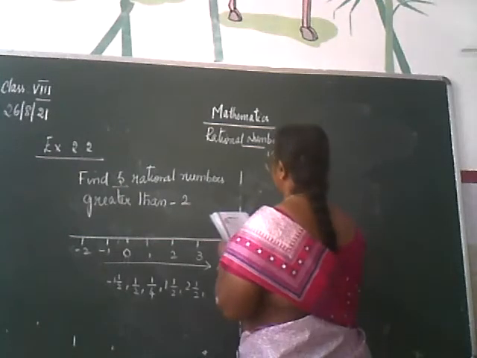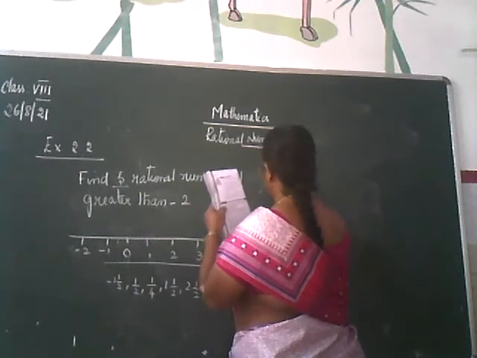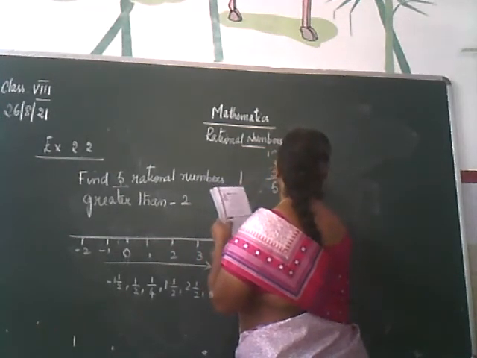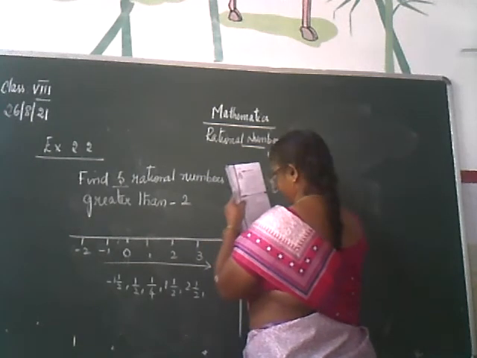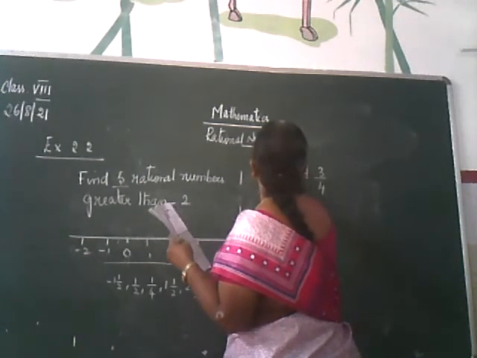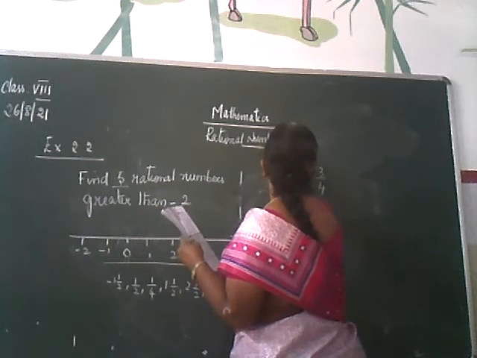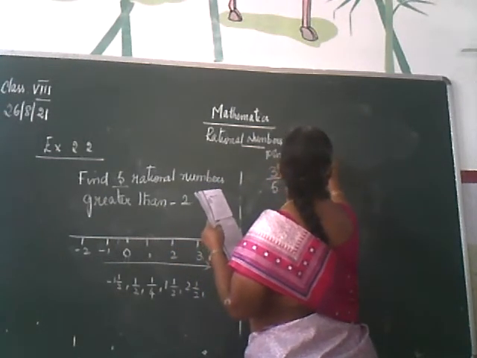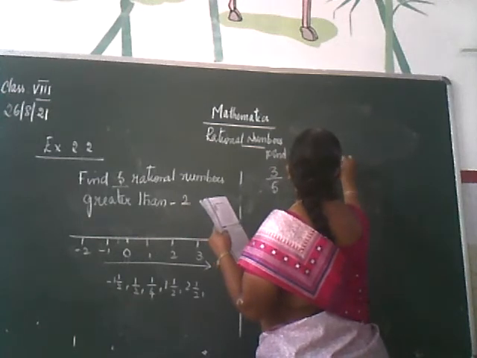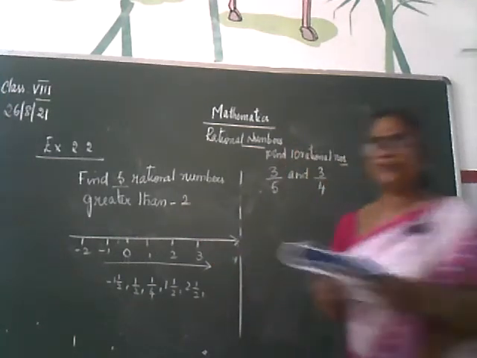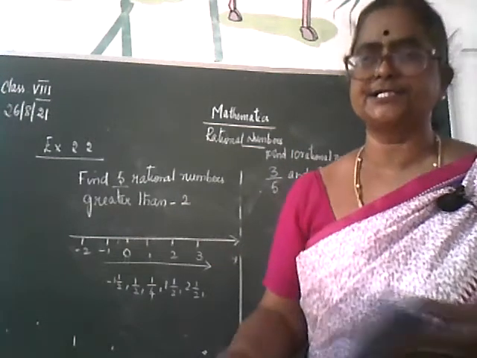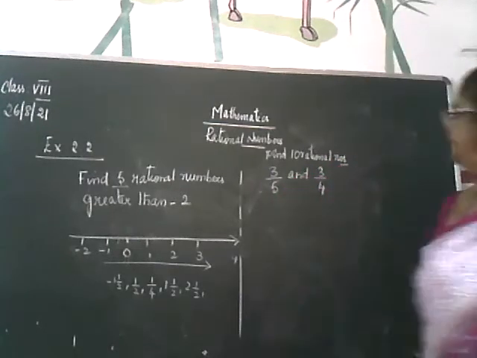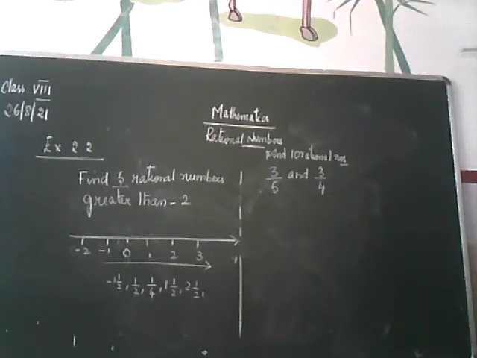Find rational numbers between 3 by 5 and 3 by 4. Find 10 rational numbers. So you must find 10 rational numbers between 3 by 5 and 3 by 4.